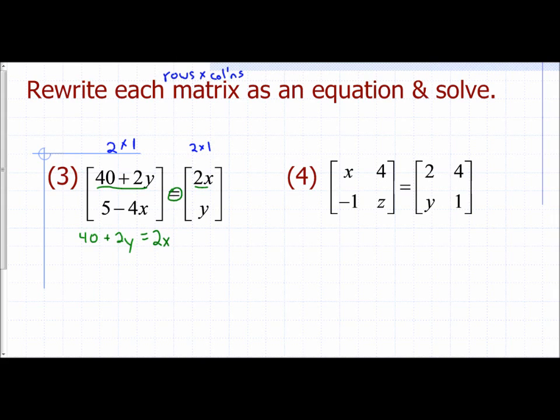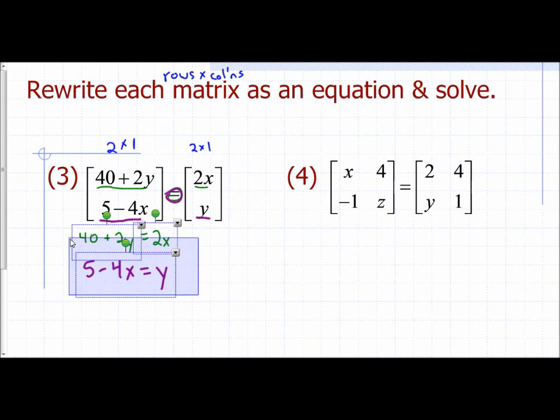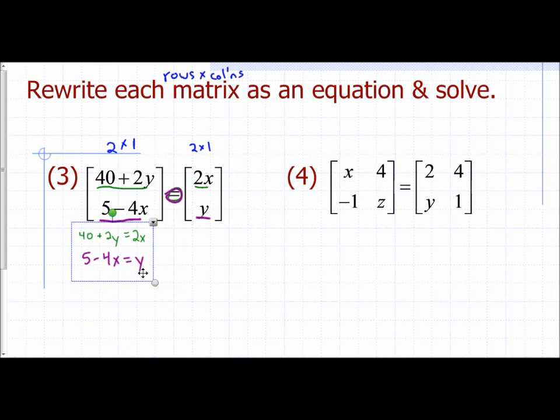And we could say the same thing about the 5 minus 4x is equal to the same position, which is y in the other matrix. So then 5 minus 4x equals y. And so we created an equation from our matrices. We actually created a system of equations. We have 2 equations and 2 variables.